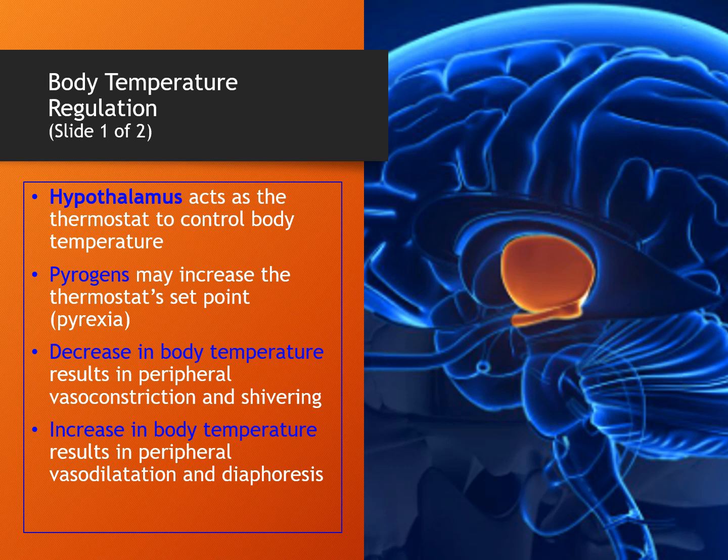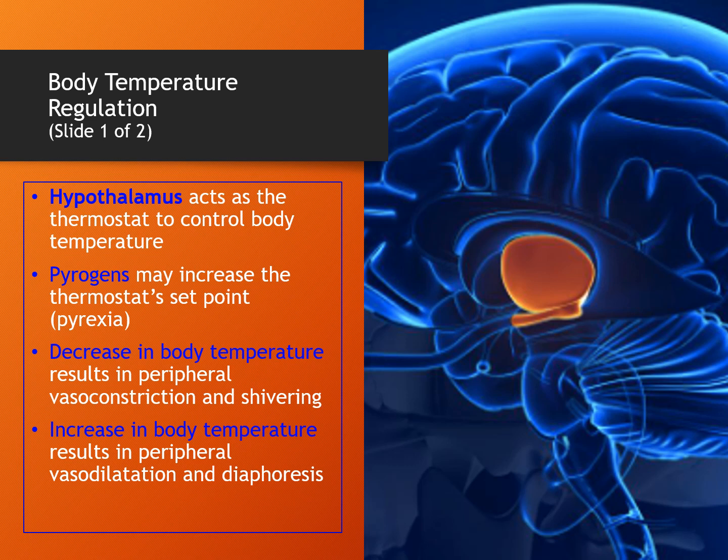But on the other hand, if you're hot and you have an increase in your body temperature, that's when you have vasodilation. Your vascular system increases in size. This is why a lot of times you'll get flushed. You look very flushed, and some people, you can tell if they have a fever because all of a sudden their cheeks will be red.